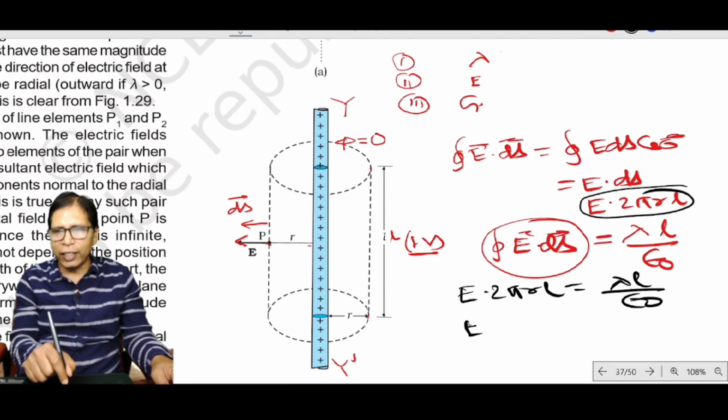So E equals lambda by 2 pi epsilon naught R.